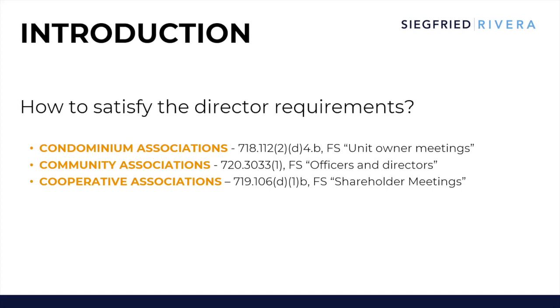Since the director certification requirements are identical for these three types of community associations, this presentation will collectively discuss the procedures required for directors on boards for residential condominiums, homeowners associations, and cooperative associations.